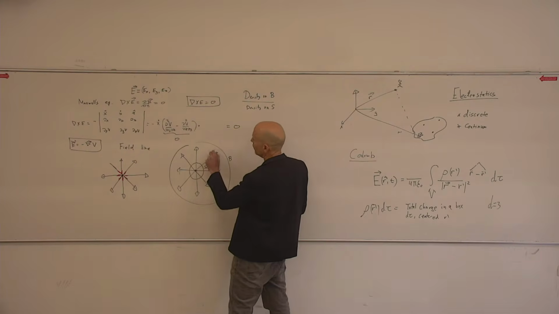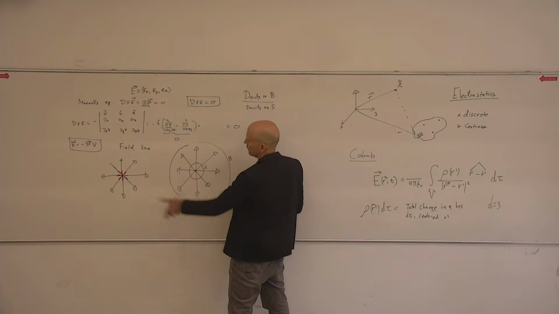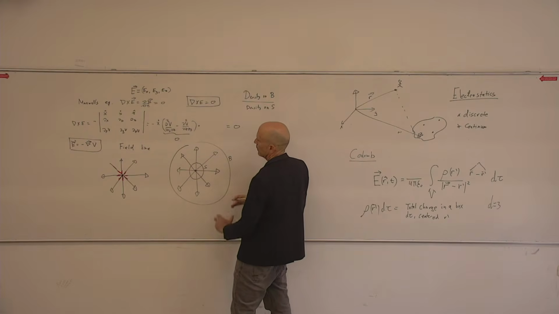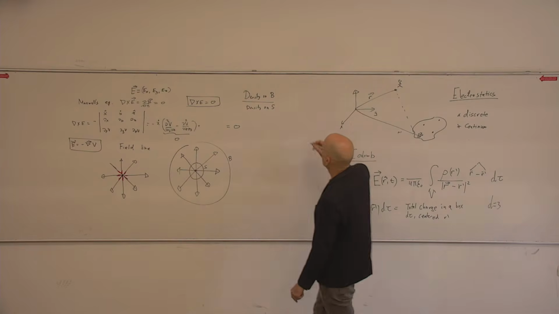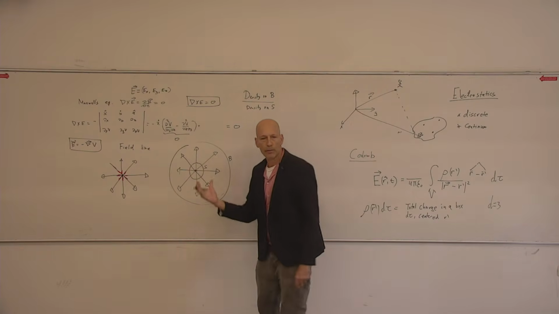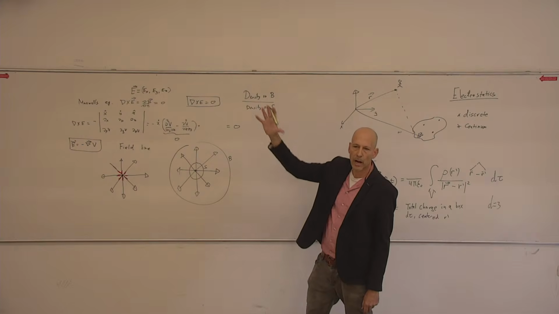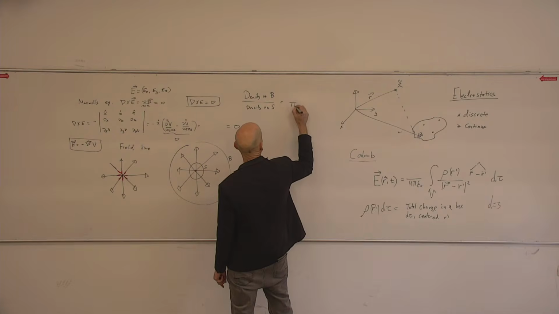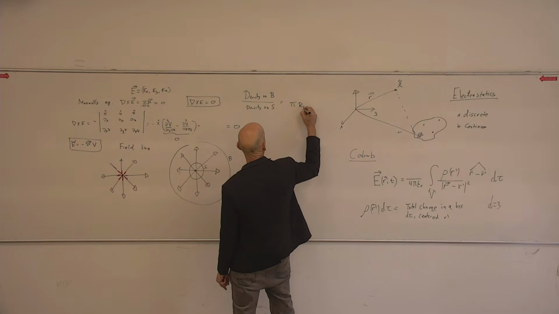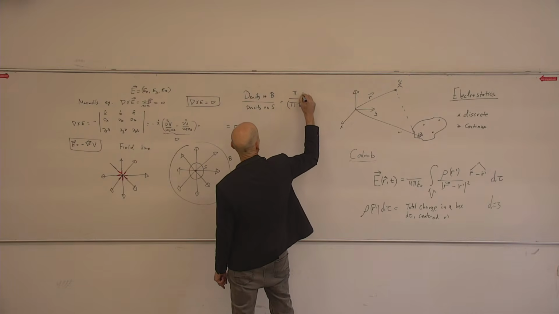You just count how many lines are crossing the sphere and divide by the area of the sphere. What is the surface area of a sphere, you know, from high school? It's 4 pi r squared. So this one is pi r big squared, and this is pi r small squared.